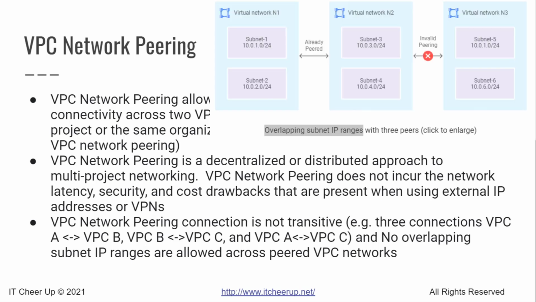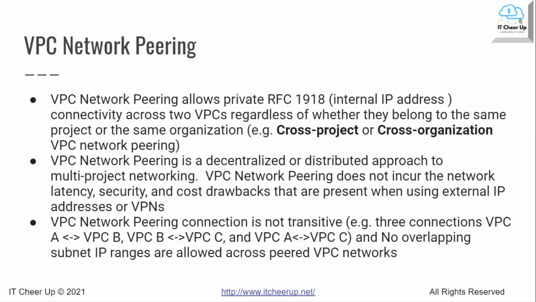Google Cloud also ensures that no overlapping subnet IP ranges are allowed across the VPC networks. So you can imagine if there are more VPCs, then the connection configurations will be very complicated. Is there a way to centralize the common resources management? Yes, then let's move to the shared VPC.